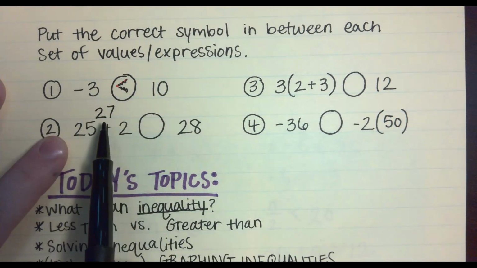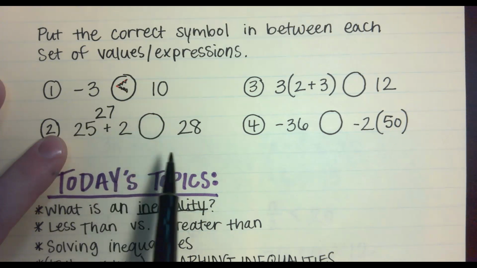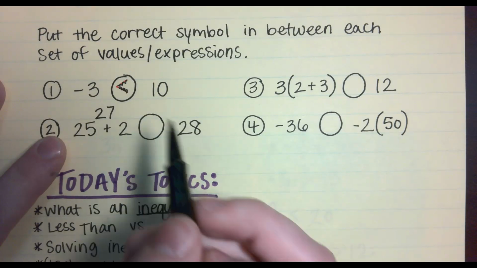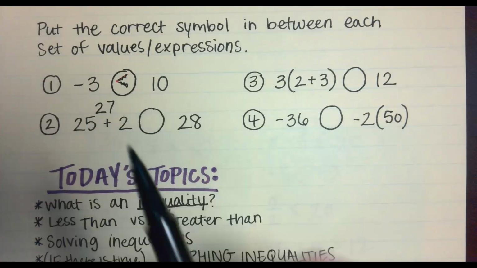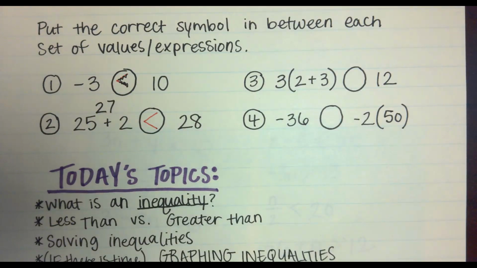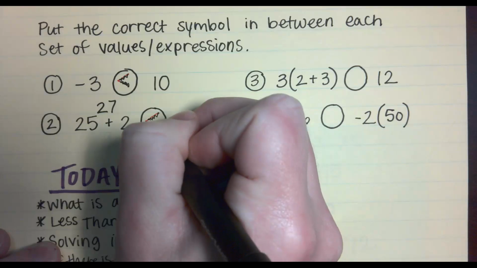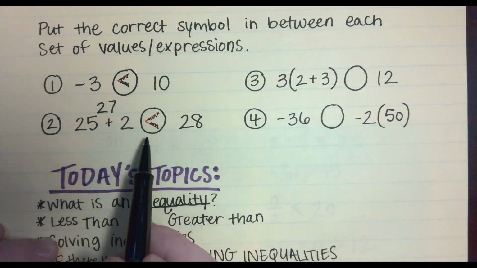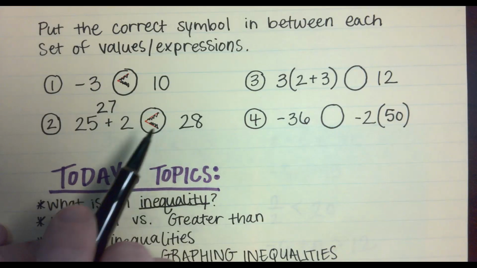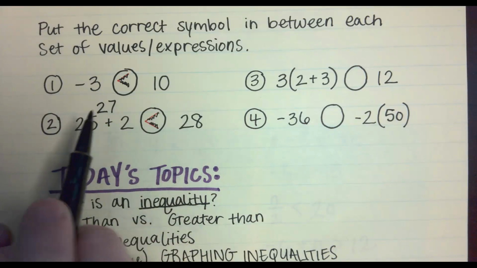Now I can answer. 27 is what than 28? Is it less than or greater than? Less. It's less than. So I'm going to write my symbol in, just like that. And remember, the alligator's mouth is going to be open towards the bigger number. That means he wants to eat the big 28, not that little 27.